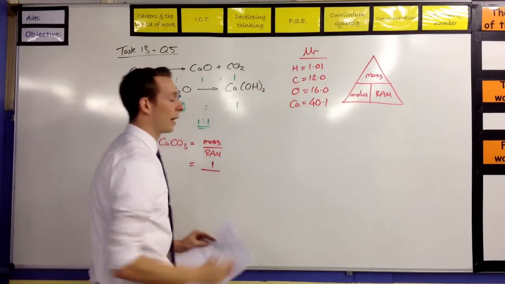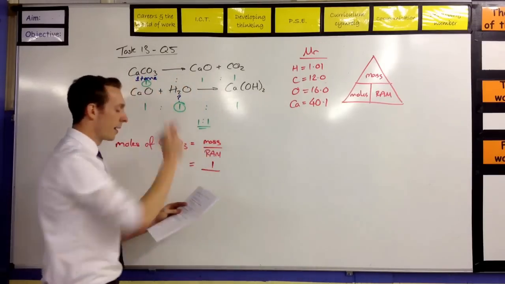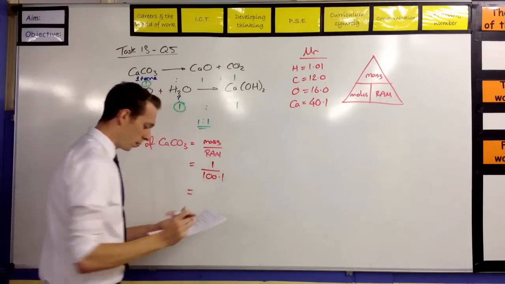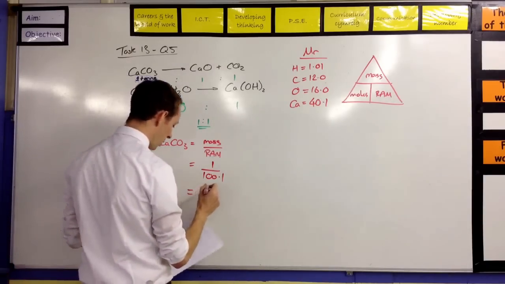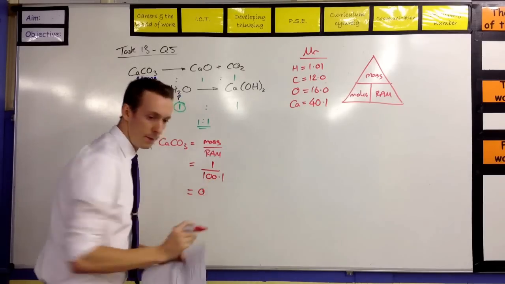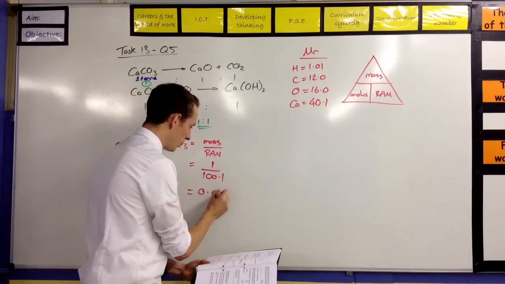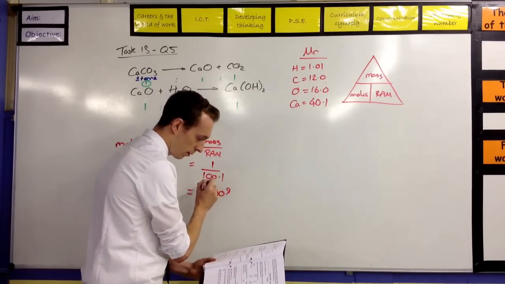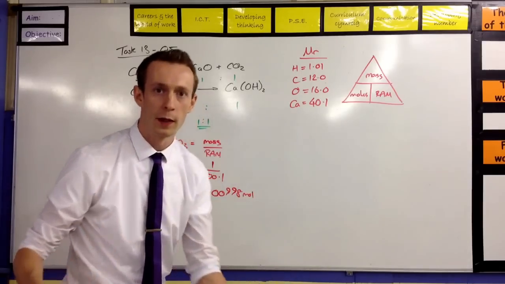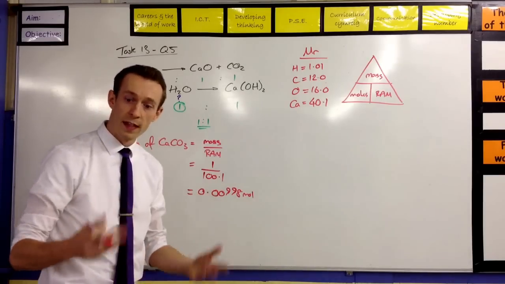We can work out the relative atomic mass by using these same things here, and if you work out the relative atomic mass of that, it comes out as 100.1. So in terms of moles, it comes out to a bit of a funky number, which is 0.00998 moles. Obviously you would just carry on going with this on your calculator, so you wouldn't write it as that, but it's just for the steps that we're talking about.